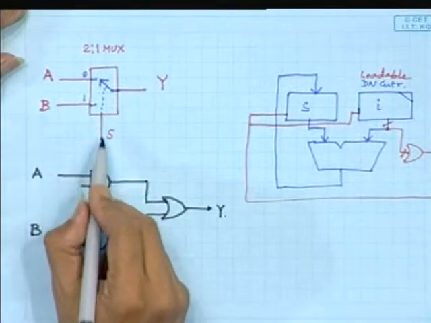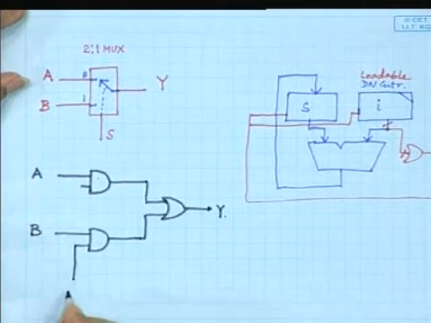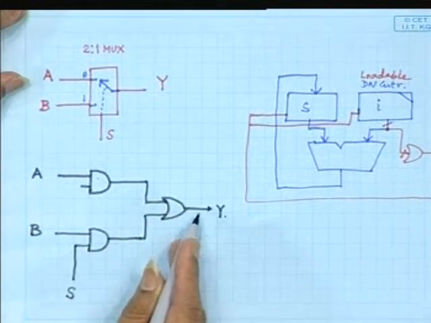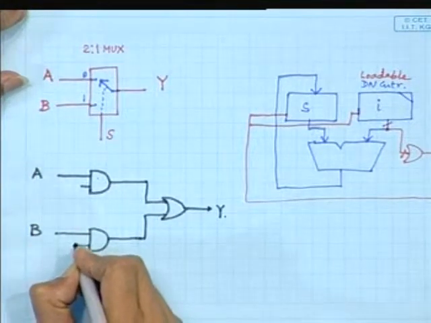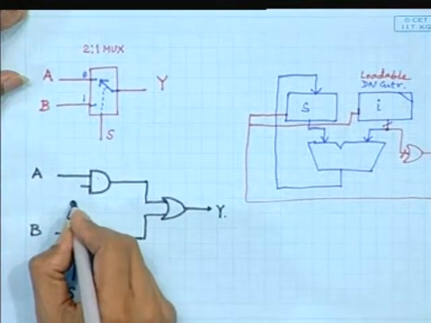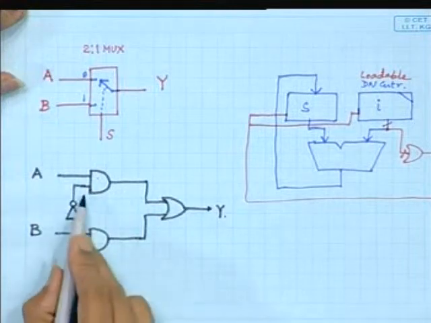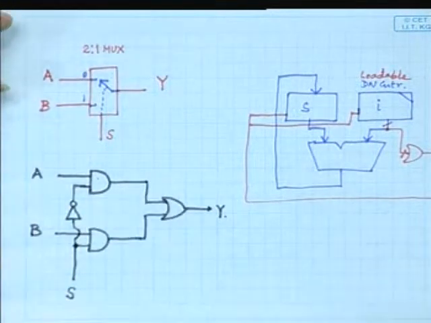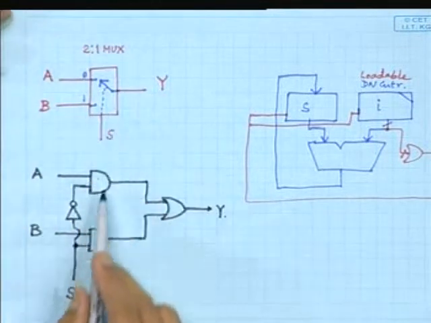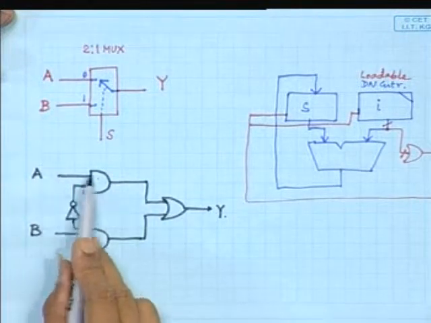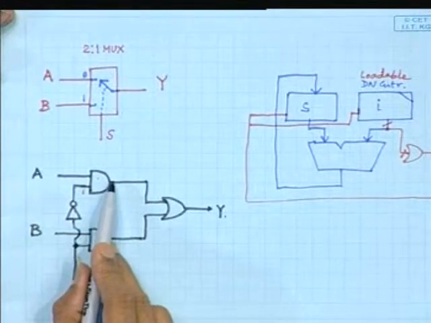So how do we fit S into this framework? If S is high, then B will be allowed to reach here. Otherwise, if S is low, we should have an inverter over here. Then if S is low, this will become high. Just look at the logic. This is the so-called 2-to-1 multiplexer. If S equals 0, this is high, so it will allow A to pass over here.